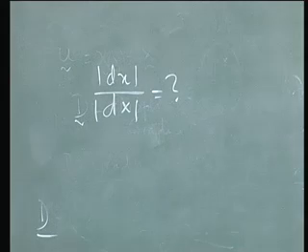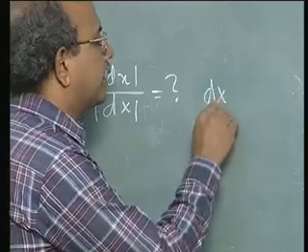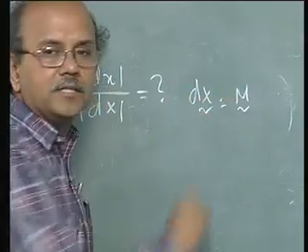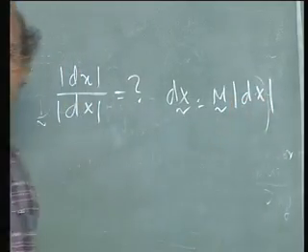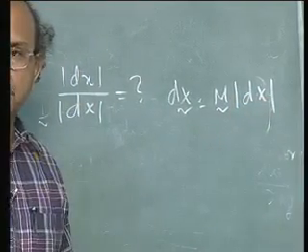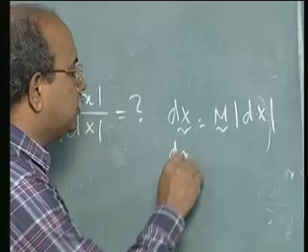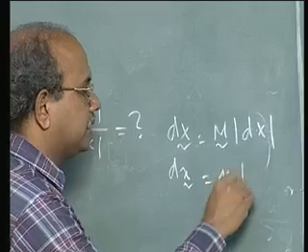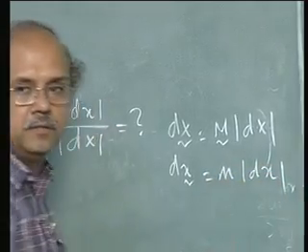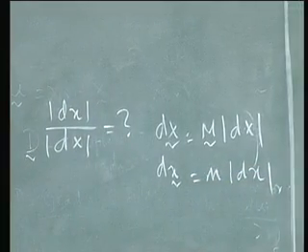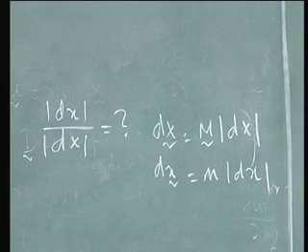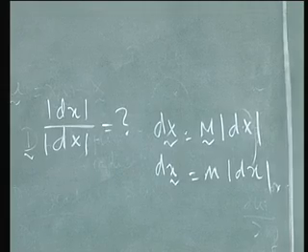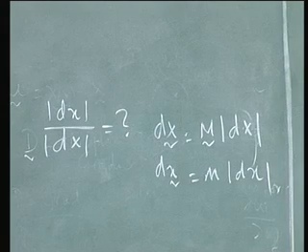Or in other words, the dX vector is unit vector, say M, into the magnitude d capital X. d small x can be defined as m d small x. Is that clear?